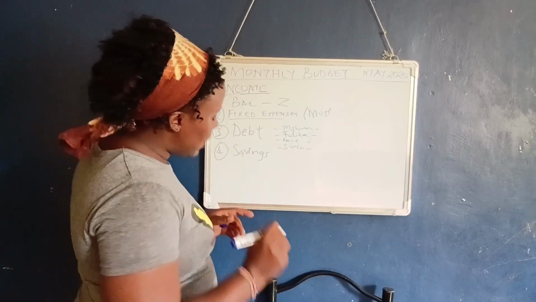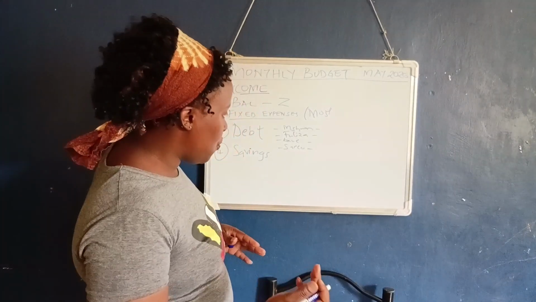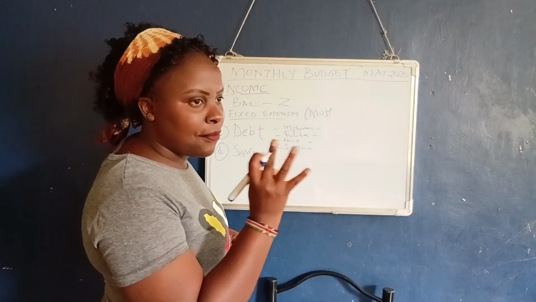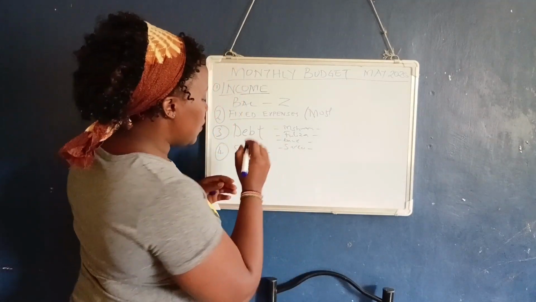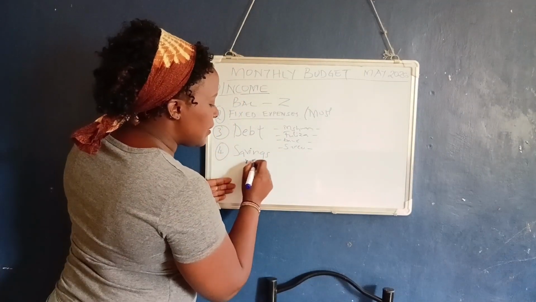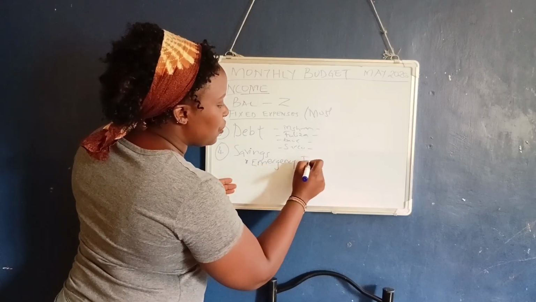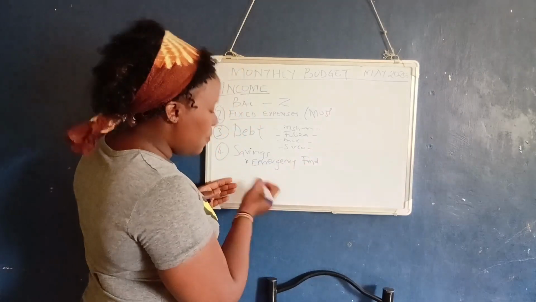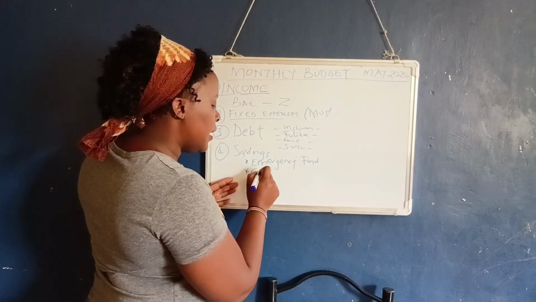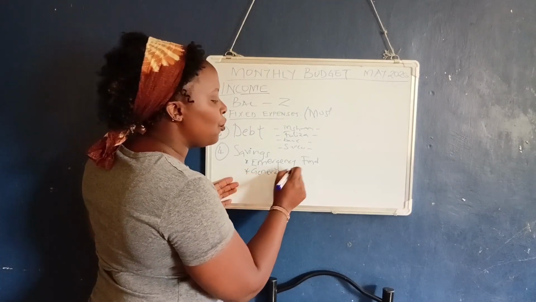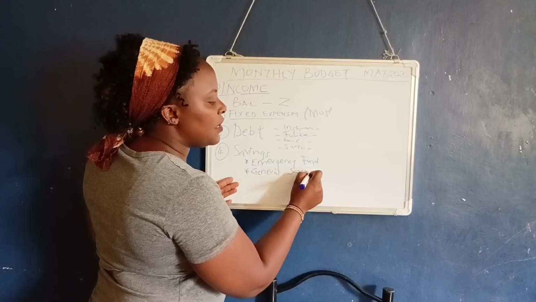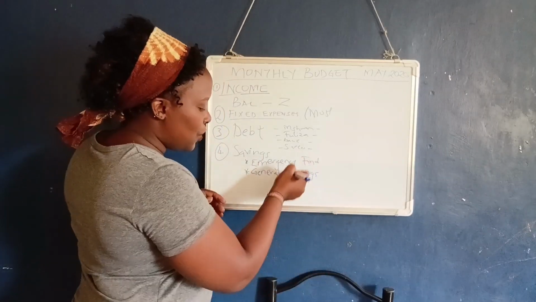For savings, you can divide it into how much you want, but I would say that always have 3 accounts. Make sure you're building your emergency fund. Make sure you have your general savings. Like when a child falls sick at night you take from it, or you are told the gas has run out quickly, you get it from there.